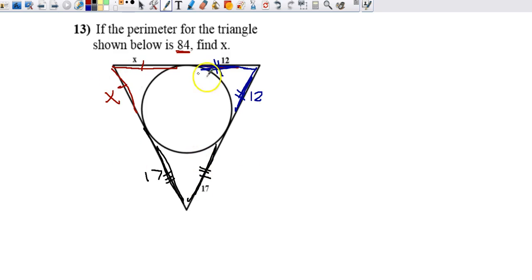And we can add all these up together. This is going to be x plus x, and then this is 12 plus 12, and 17 plus 17. Those 6 segments end up being your perimeter, which is 84.